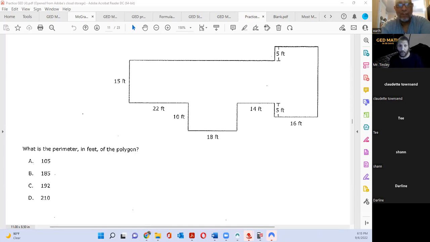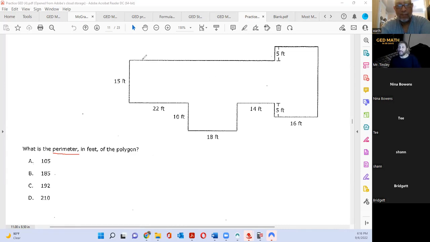Yes, four sides. Length times width is for the area, but we want perimeter. So we're not talking about length times width, we're talking about perimeter. What do we know about rectangles? Yes, opposite sides are equal.